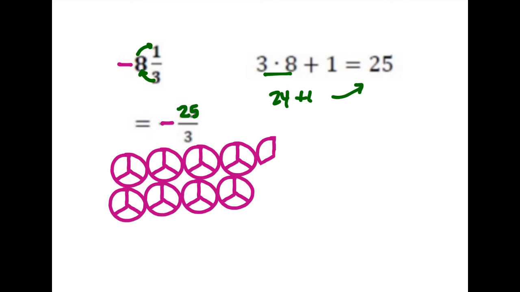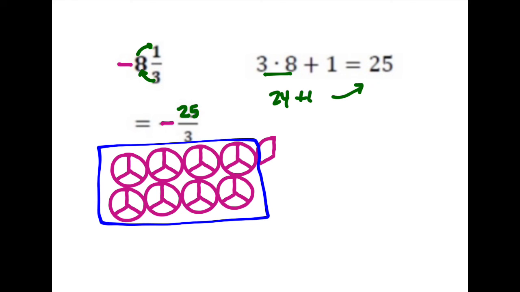So here's 8 individual circles, and then just 1/3 of one of them, right? So we have 8 here. This is 8, and then this is the 1/3, right?